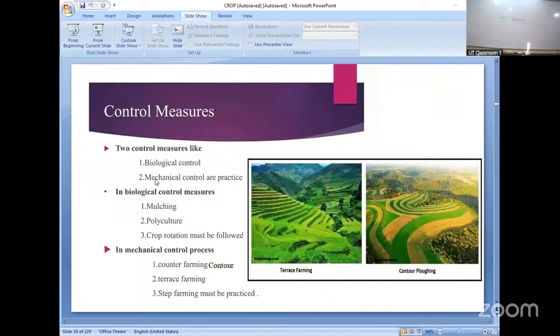The control measure is that biological control and mechanical control should be followed for the land resources. Biological control includes mulching, crop rotation, which we'll discuss in improvement of food resources, and polyculture. Mechanical control includes contour farming, terrace farming, step farming. These must be practiced to control the depletion of the land.